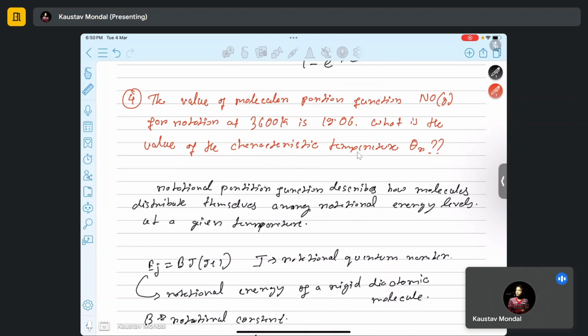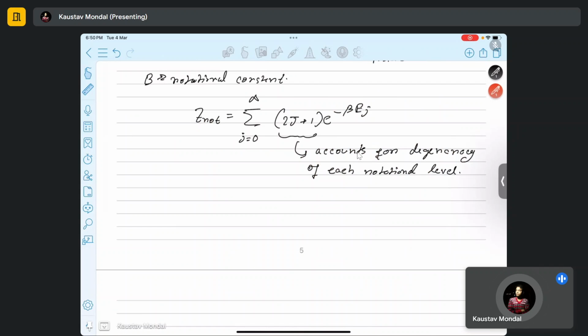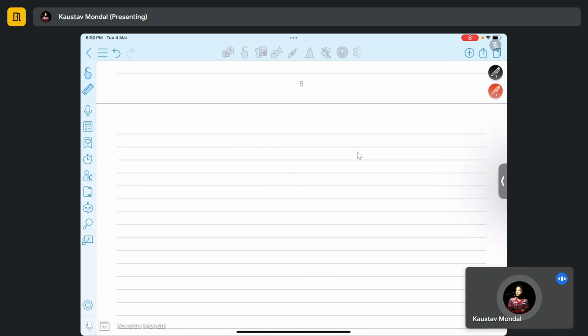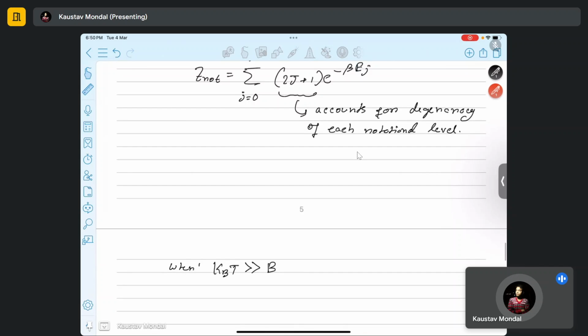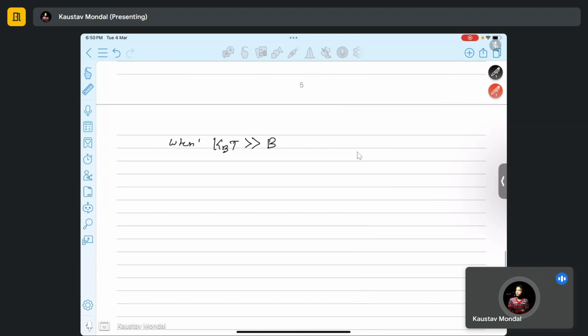Okay, so for 3600 the temperature is very high, so we have to approximate this expression. When temperature is very high, that means kBT is far greater than this rotational constant B, then this whole sum we can approximate by an integral.